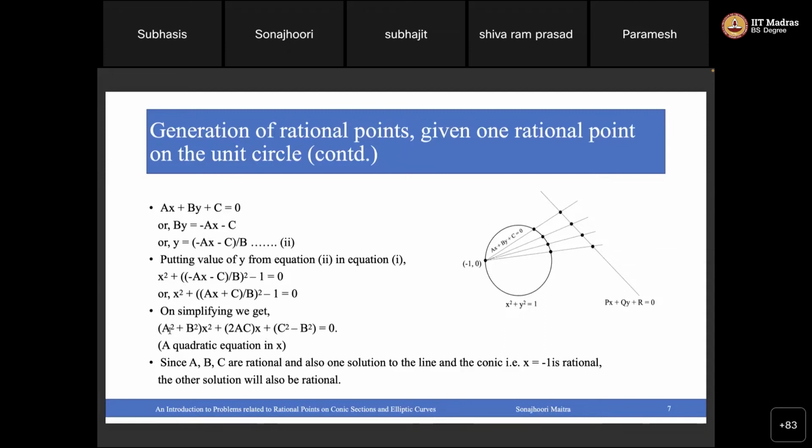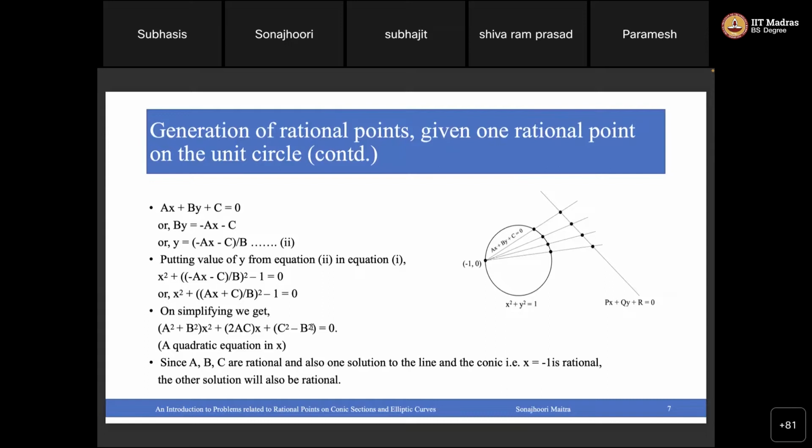Now we know that a quadratic equation will always have two solutions. It has to have two solutions. And we already know one solution for x. See, this is the solution for x, minus 1 here. This is the solution because we are solving this line and this conic. We already have one solution. Now, please note that the coefficients of this quadratic equation are rational. Why?